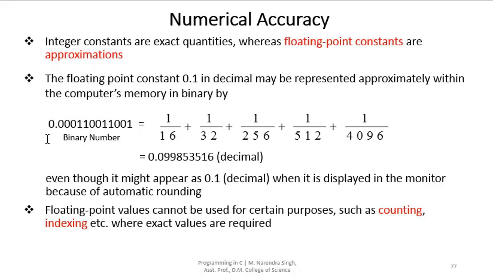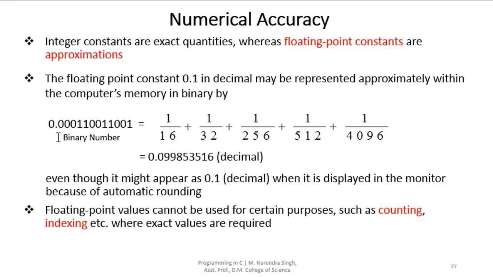Starting from the right of the radix point, as we move towards the right, the fourth digit is 1. Its place value is 1 by 2 to the power 4, that is 1 by 16. The next digit is 1. Its place value is 1 by 2 to the power 5, that is 1 by 32. The next two digits are 0, so we ignore them. The next digit is 1. Its place value is 1 by 2 to the power 8, that is 1 by 256. The next digit is again 1 and its place value is 1 by 2 to the power 9, which is equal to 1 by 512.